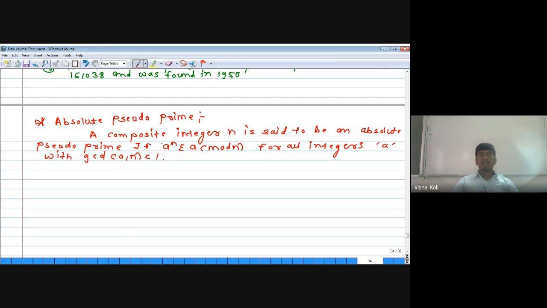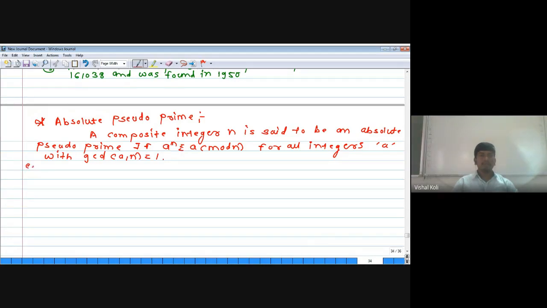Therefore, any composite integer n is said to be an absolute pseudo prime if a to the power n is congruent to a modulo n for all such integers a with GCD of a and n equal to 1. Then we say that n is an absolute pseudo prime.